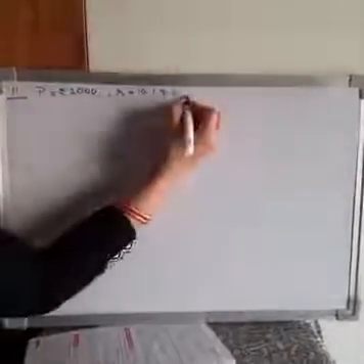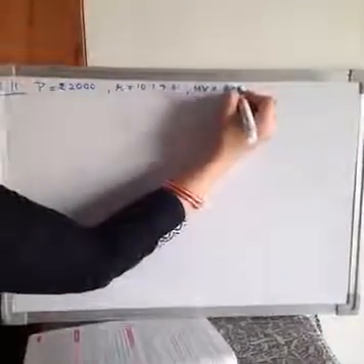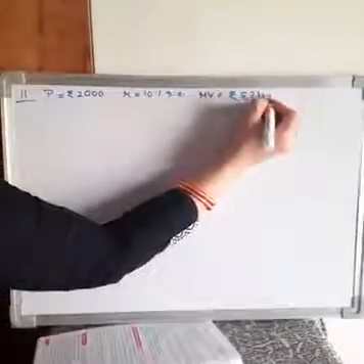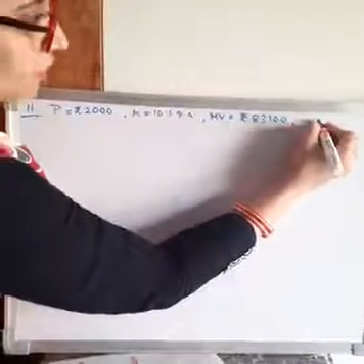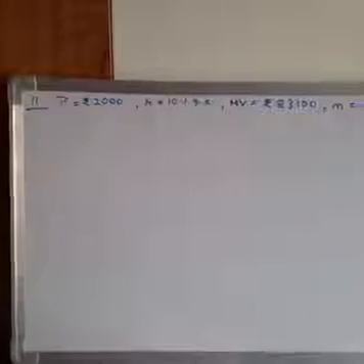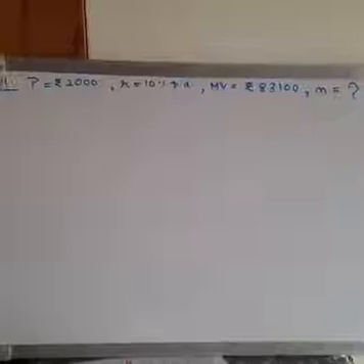Then next it is given if she gets rupees 83,100 at the time of maturity, that means the matured value is rupees 83,100. Then you have to find the total time for which the account was held. Time for which the account was held would mean you are asked to calculate the value of N, that is for how many months was the account held. Okay, so let's start with that.